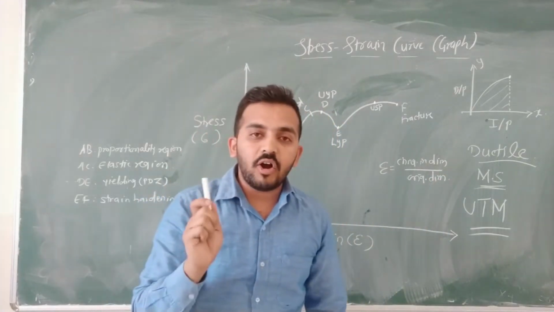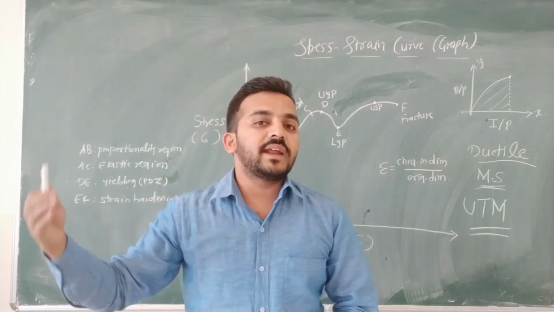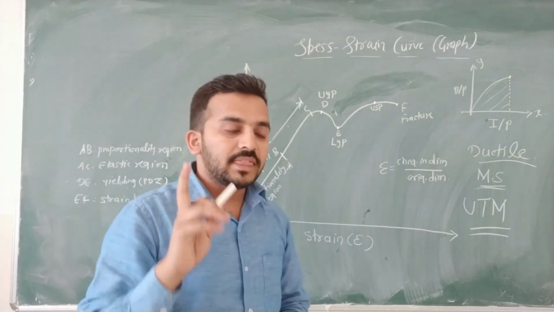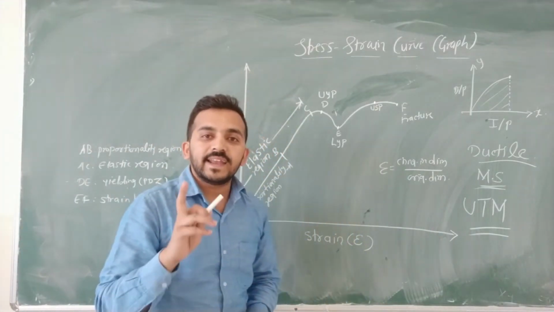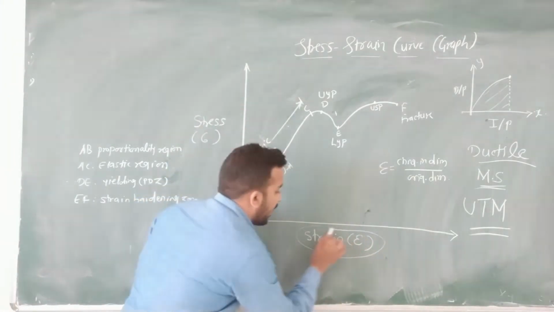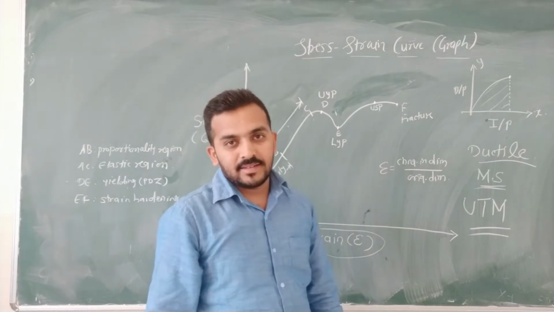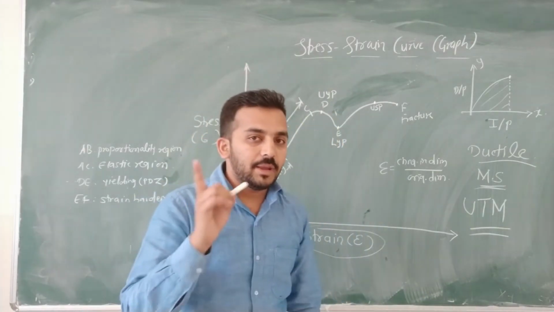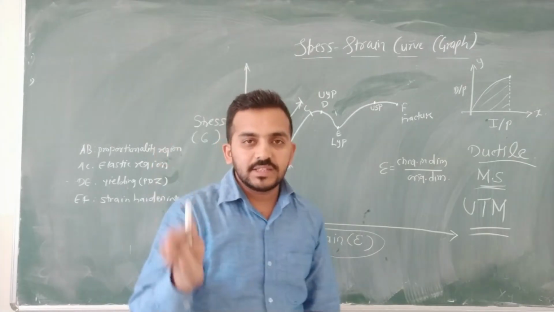So the first thing that occurred is a straining action. Strain comes first. Therefore, strain is the independent parameter, and hence we have plotted strain on the x-axis. It comes first in the picture.